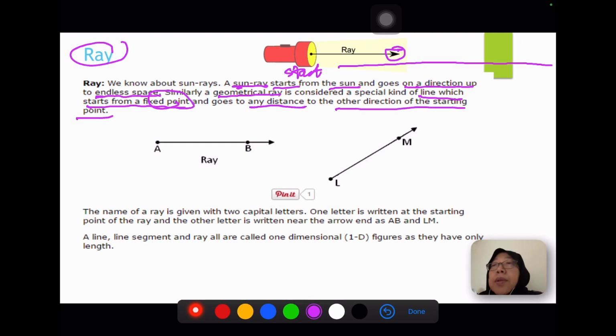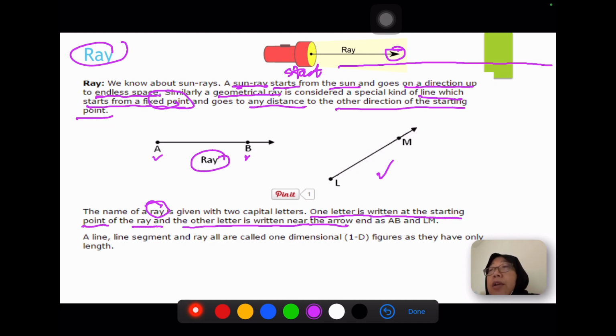So for example, this one is a straight line. This one is also a ray. It's a straight line as well. So the name ray is given with 2 capital letters like this. One letter is written at the starting point of the ray, and the other letter is written near the arrow at the end, as AB or LM.